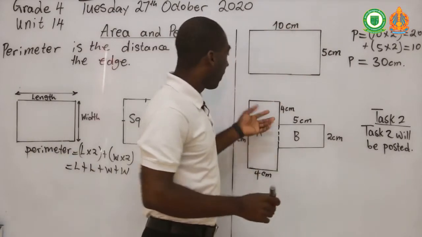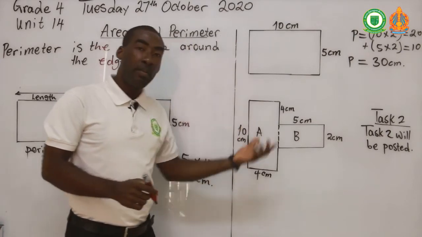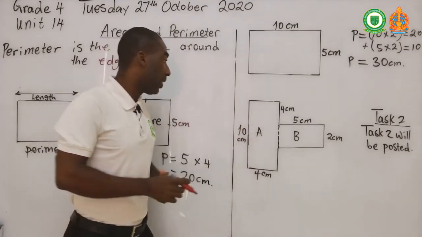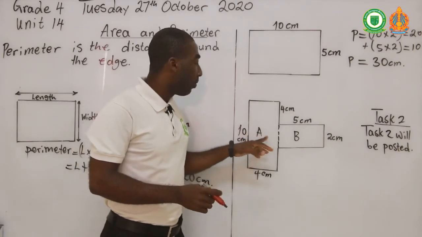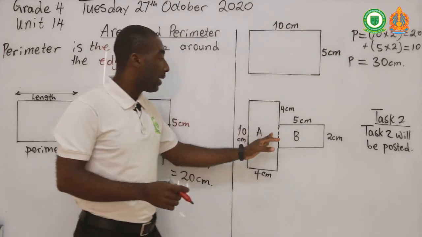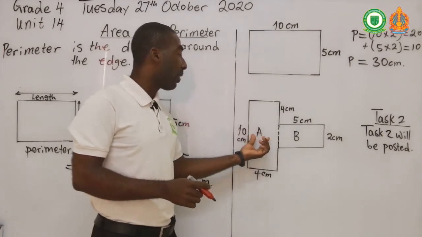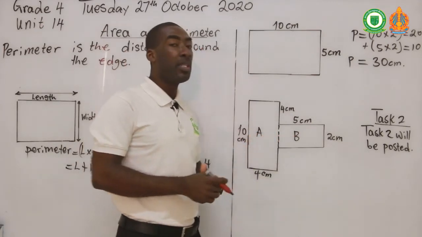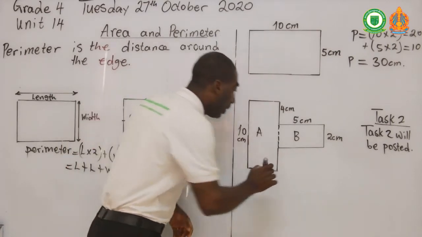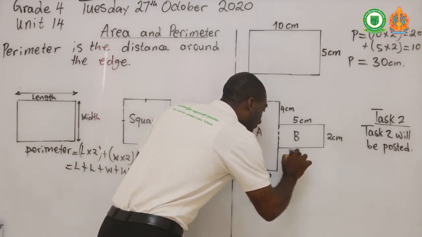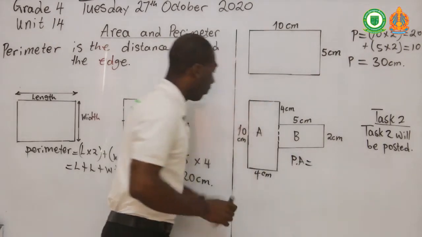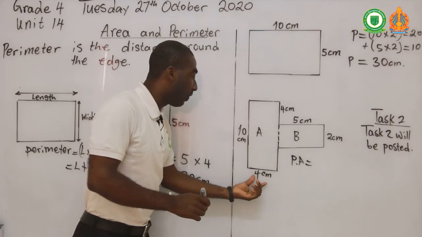Okay, on the last one we come back to our composite figure and then we look for the perimeter. Again, we will maintain our closed line so that we'll have perimeter A, and then we have perimeter also for B. So perimeter A, which is PA, we have 10 and that of 4.